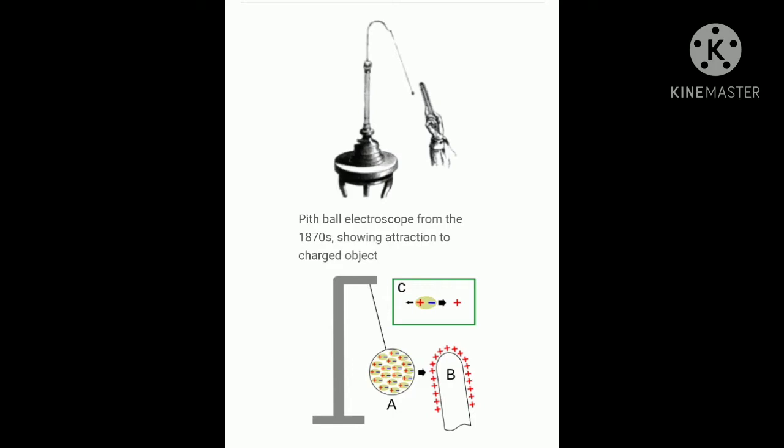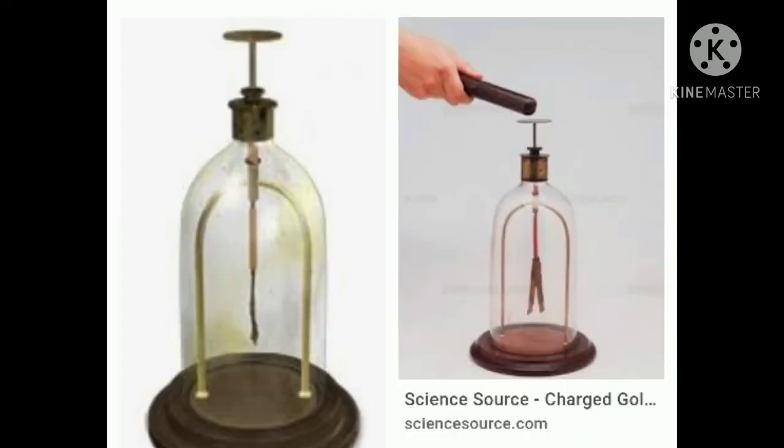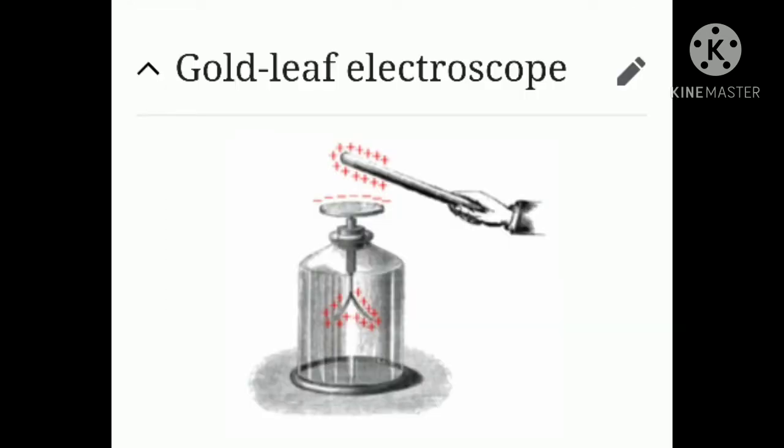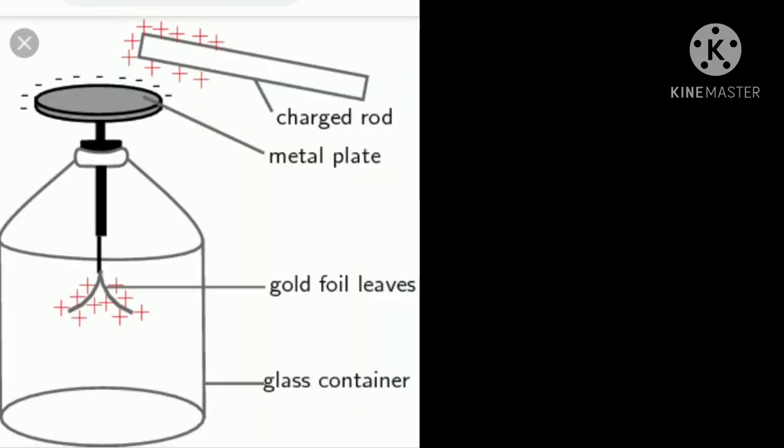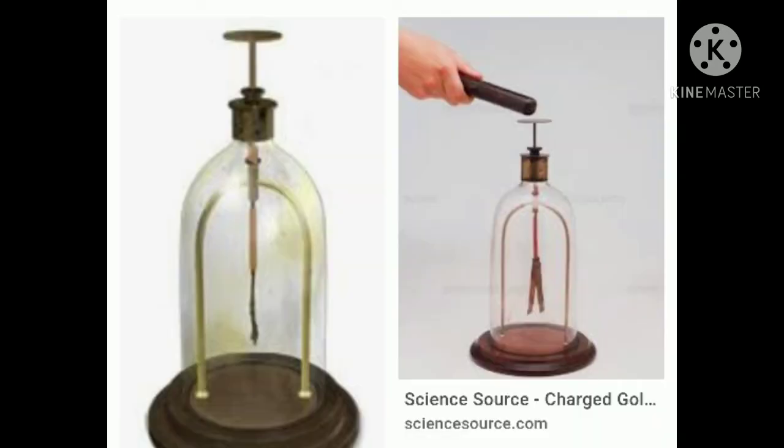There are two types of electroscopes, the pith ball electroscope and the gold leaf electroscope. An electroscope is made up of conducting material like metal. It works on the principle that like charges repel each other. In a simple electroscope, two metal sheets are hung in contact with each other.